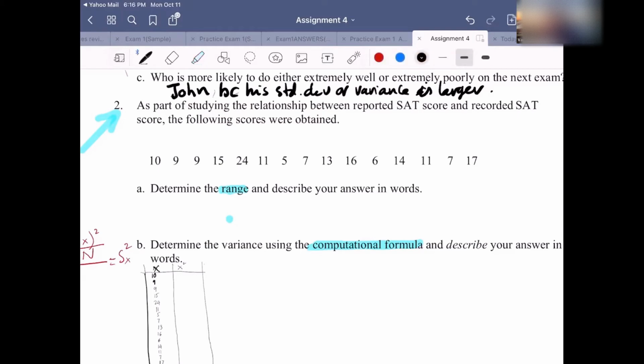To find the range, you just have to take the what, everyone? Take the largest number, right? You take the largest number in the data set minus the smallest number in the data set.